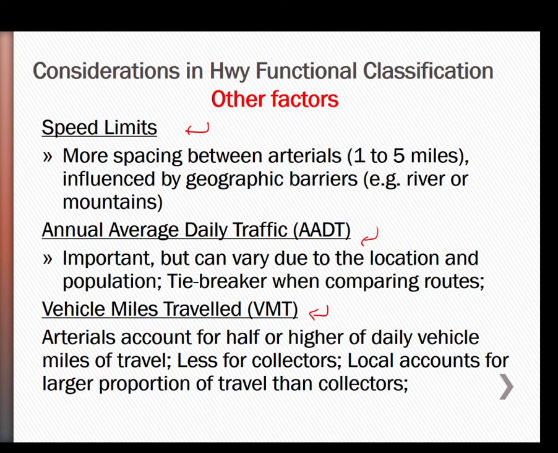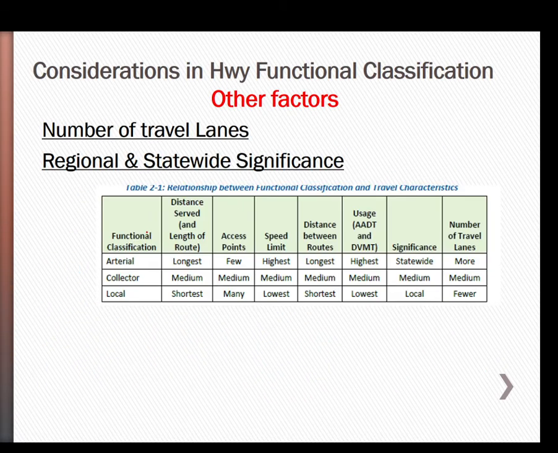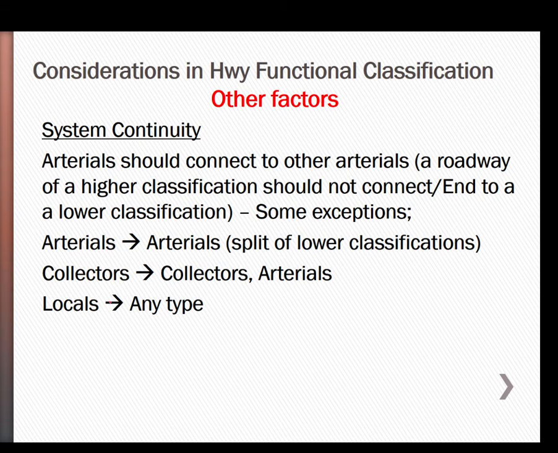For example, 1 to 5 miles from arterials gives you higher speed limits. From our handout, these are some of the factors used to define which kind of highway it is, and sometimes they are used as a tiebreaker when you have two roads and want to figure out which one to use. So again, we have the arterial, collector, and local.